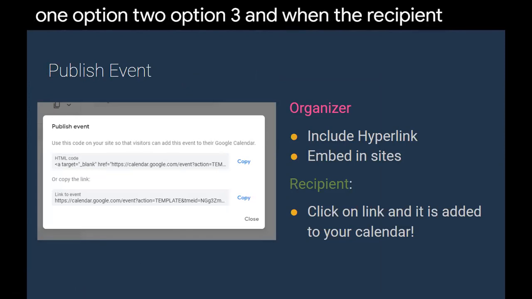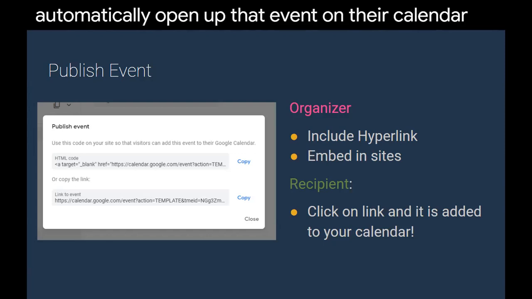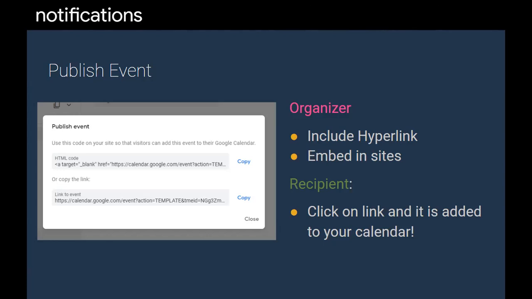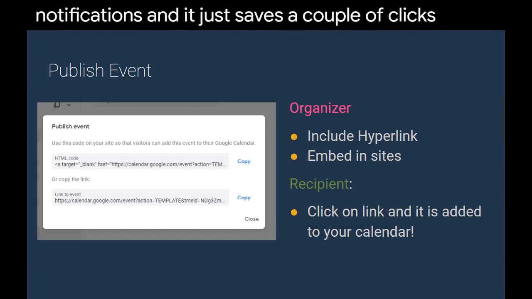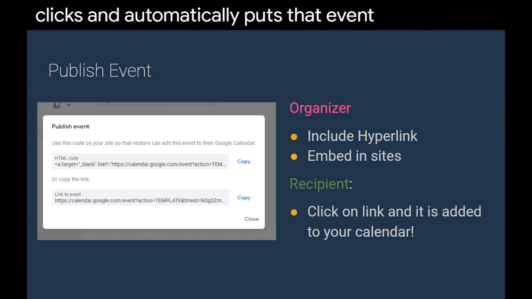And when the recipient clicks on the option that works best for them, it's going to automatically open up that event on their calendar. Then they can color code it, add other notes, set their notifications, and it just saves a couple of clicks and automatically puts that event on their calendar.